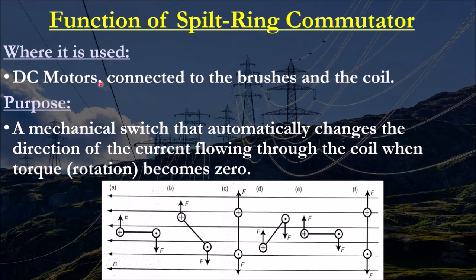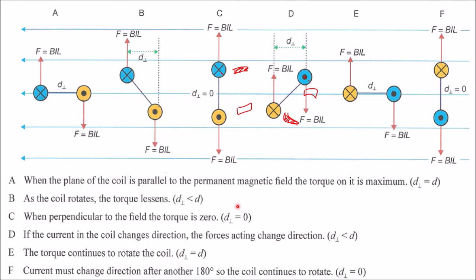Alright, so just a little summary of what the function of a split ring commutator is. It's just the mechanical switch that automatically changes the direction of the current flowing through the coil when torque becomes 0. And remember, the reason why the coil continues to rotate when torque does become 0 is inertia and conservation of momentum.